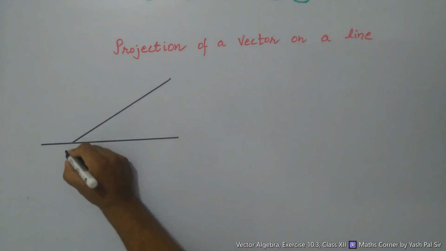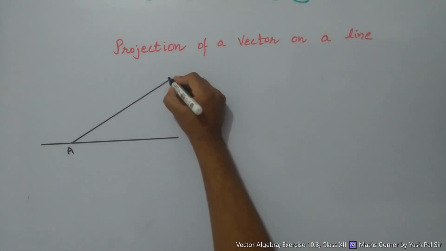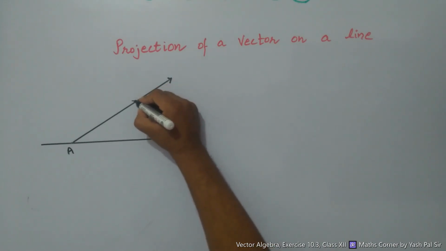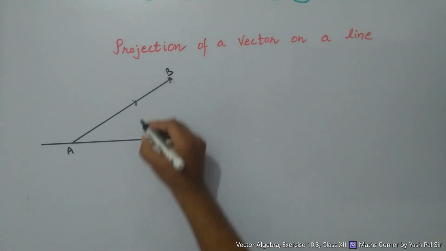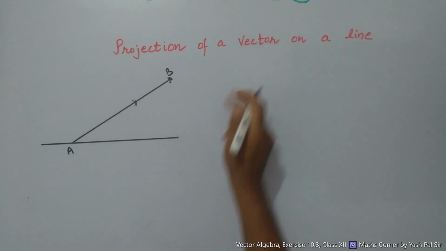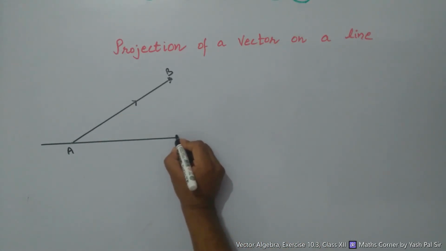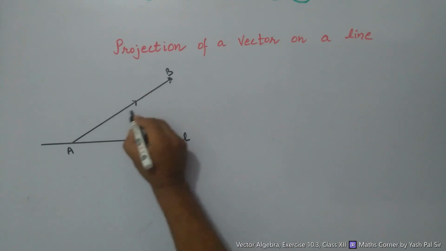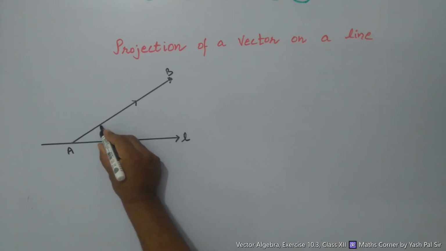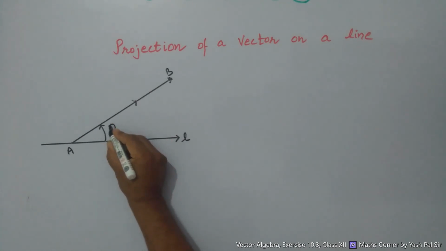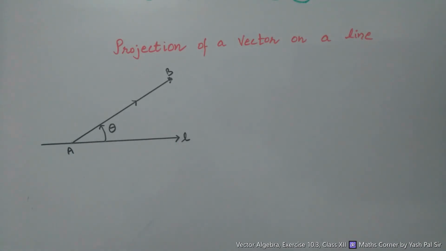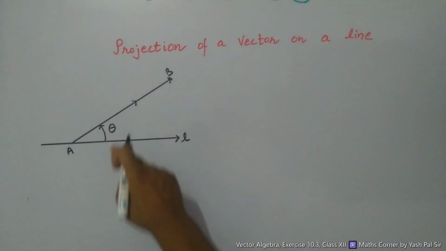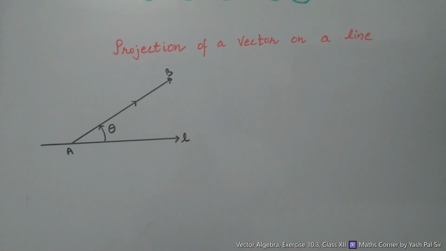Here suppose AB is any line, any vector, and we want the projection of this vector on line L. Suppose this vector AB makes angle theta with the given line in the anti-clockwise direction. So what is the projection of this vector AB?